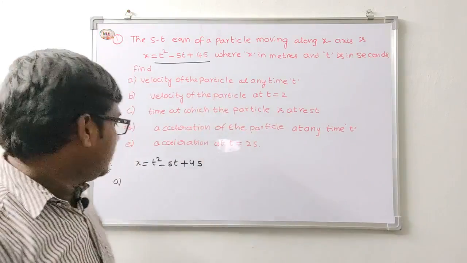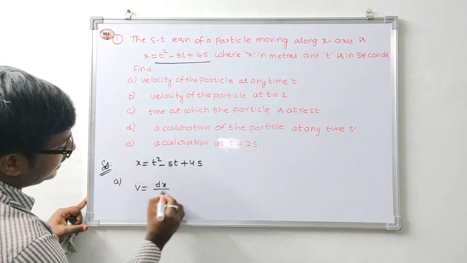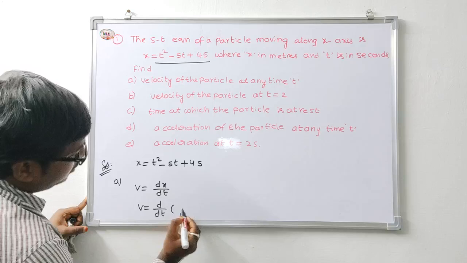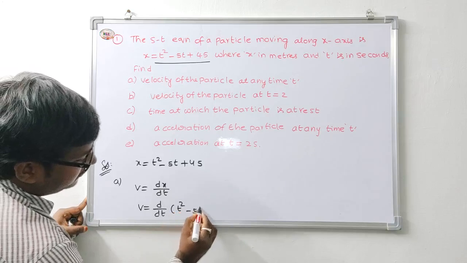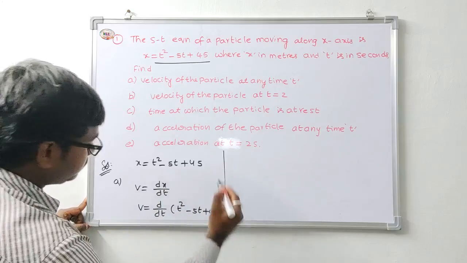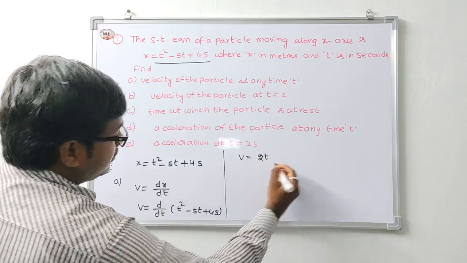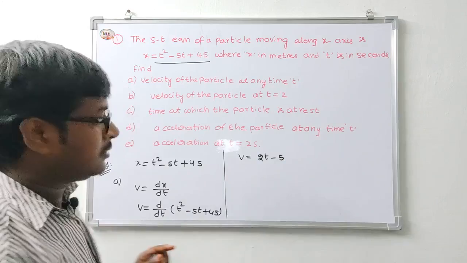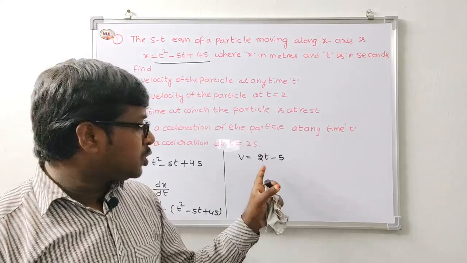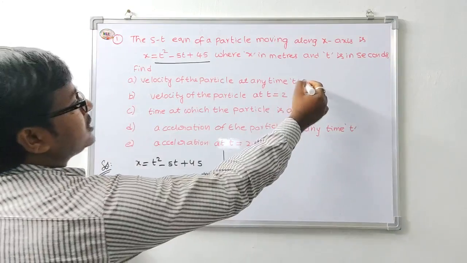Velocity is displacement per time taken, so v = dx/dt, and v = d/dt of (t² − 5t + 45). Differentiating with respect to time, v = 2t − 5. The velocity of the particle at any time is v = 2t − 5. That is the first part finished.